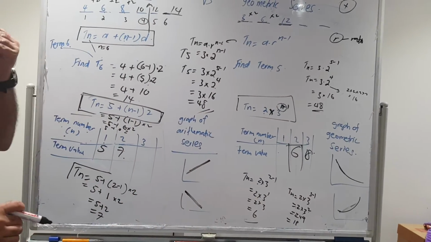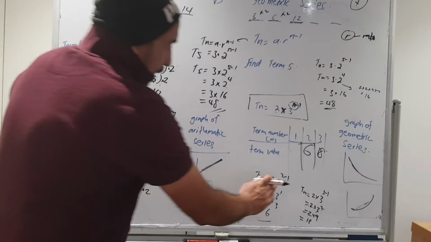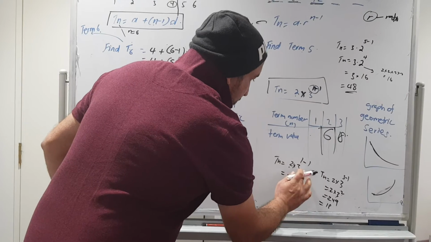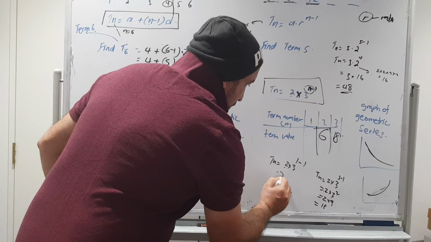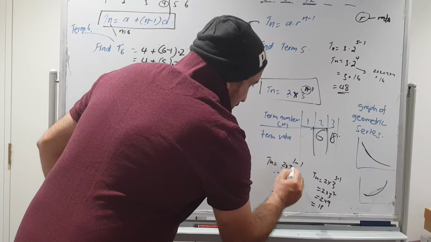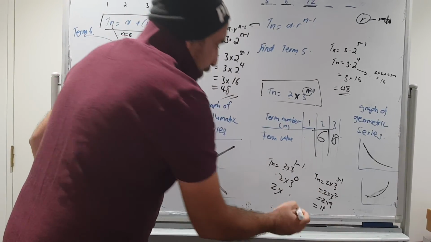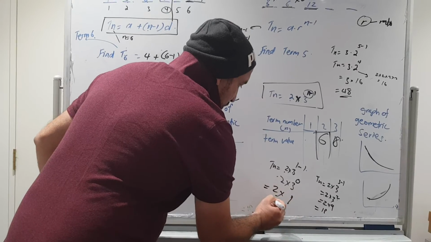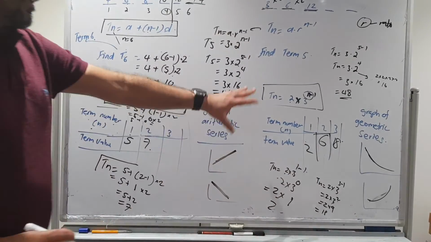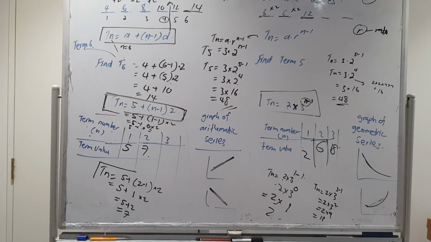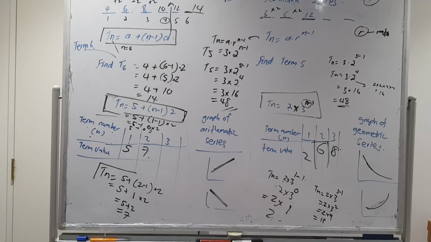If I have to do term 1, 1 minus 1 is 0, so 2 times 3 to the power of 0. Anything to the power of 0 is 1, so 2 times 1 is 2. So this will be 2. Basically, the example is also shown in Education Perfect.